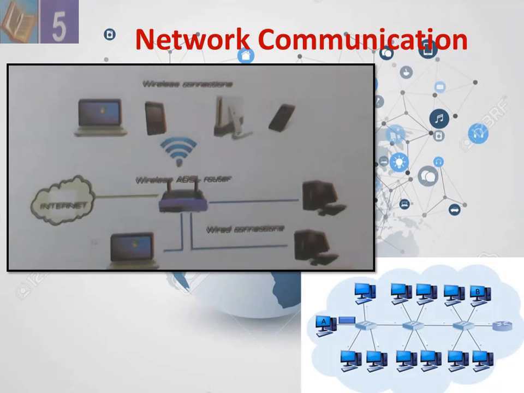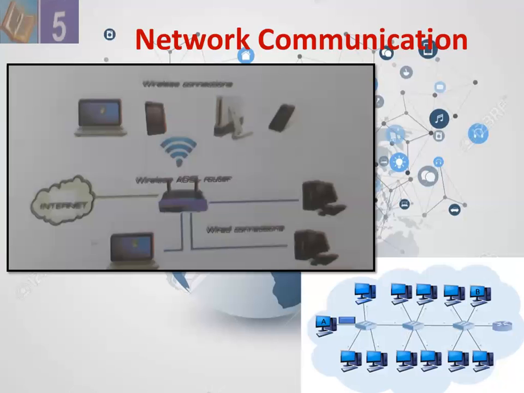In wired media, we use cables, meaning your computers are connected with the help of wire. Wire means any kind of cable. In wireless media, you do not need any cable; you are using radio signals, Wi-Fi signals, and with the help of these signals, you can connect your devices. So this is network communication in which you can share your data and information.